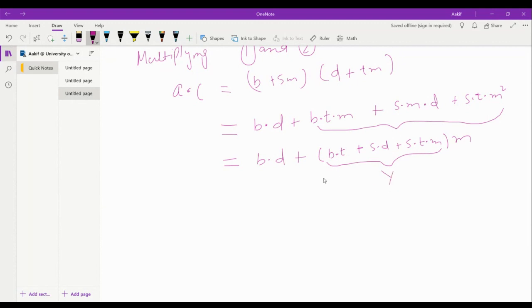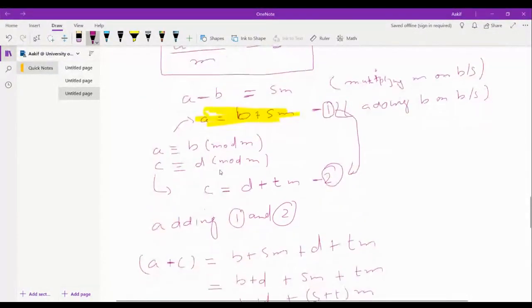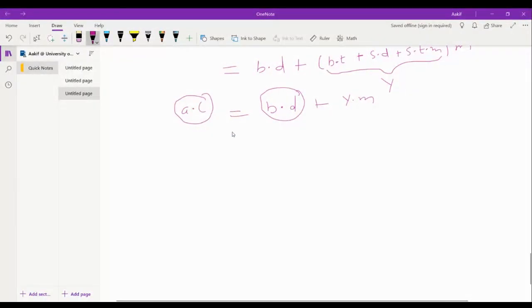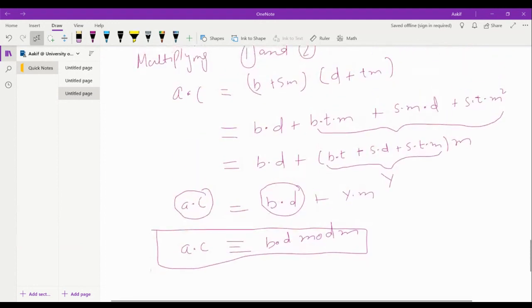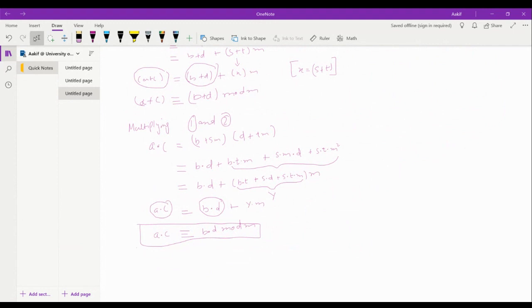Let's call this Y. So this will be equal to B times D plus Y times M. Now if you look at this and consider this to be one entity, it exactly looks like equation 1, which is A is equal to B plus S times M. So this proves that A times C is congruent to B times D mod M. So this proves the congruence of products. So any questions so far?